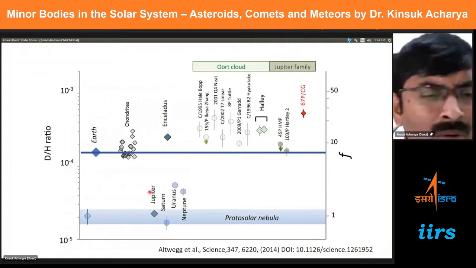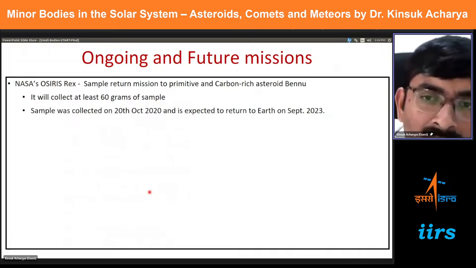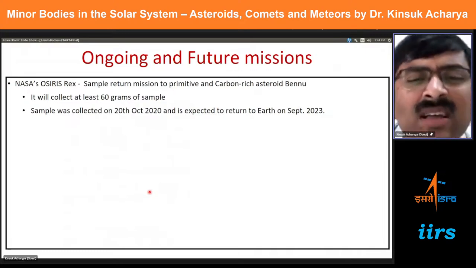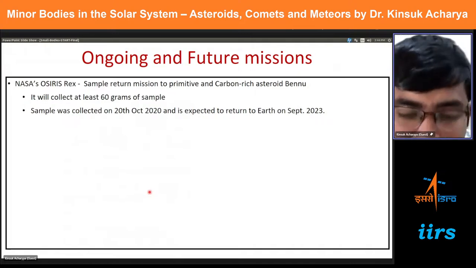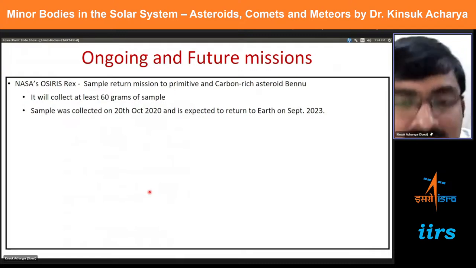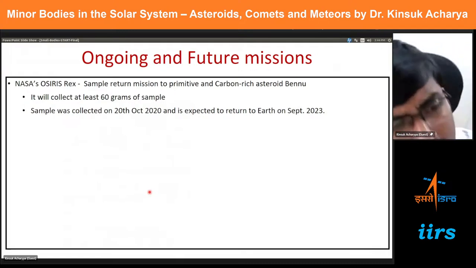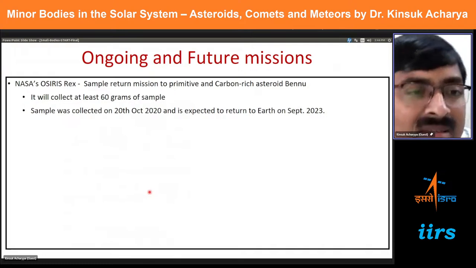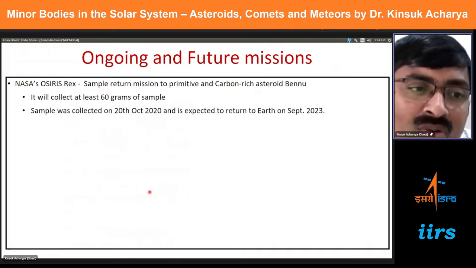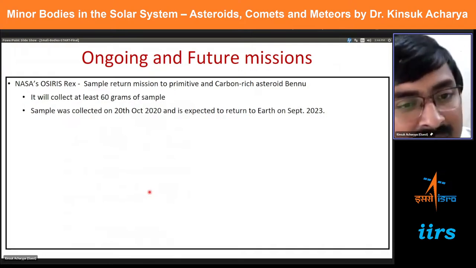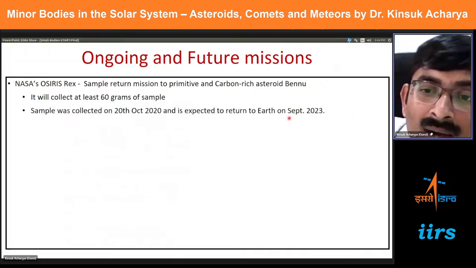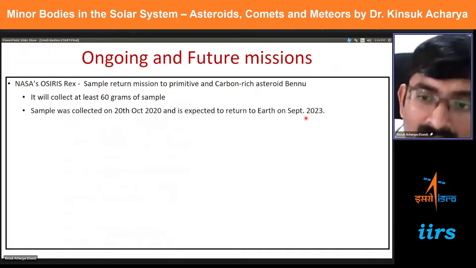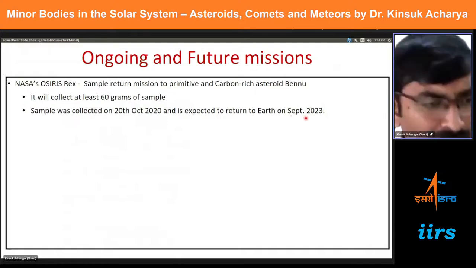Now we'll talk about some of the new upcoming missions, but this is only a small list. There might be many missions in the planning stage, which we will know in the near future. The first in this list is OSIRIS-REx, which will bring back about 60 grams of samples. It has already collected the sample, and it is expected to land on Earth in September 2022, this year itself.